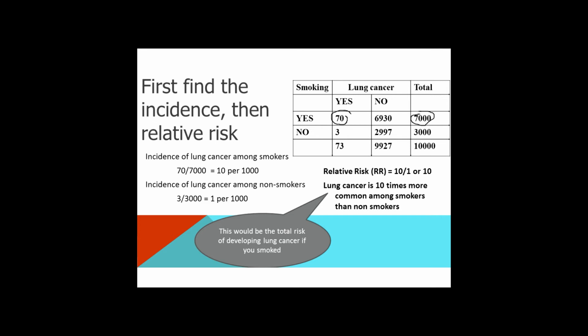The incidence of lung cancer among non-smokers is 3 divided by 3,000. The relative risk is our 10 over 1. It's the division of these two numbers. And we could make the statement that lung cancer is 10 times more common among smokers than it is among non-smokers.